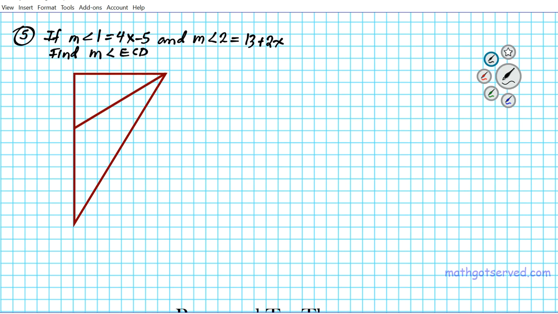All right, so let's say this is ECD. We're looking for the entire angle this time. And then, of course, PC is the mid segment, and this is 1, and this is 2.